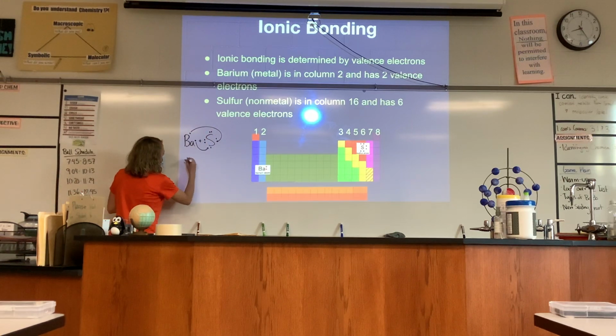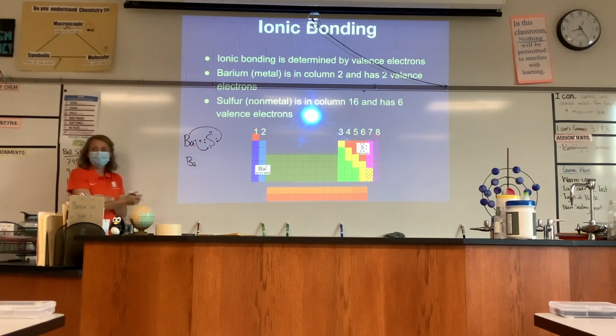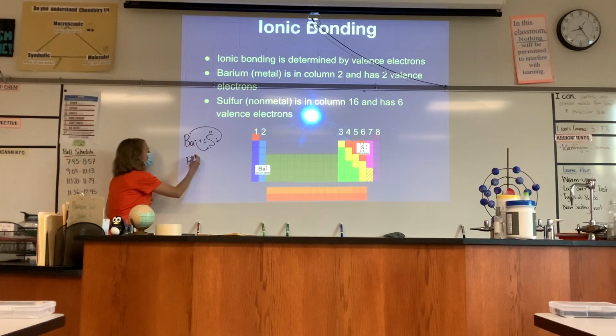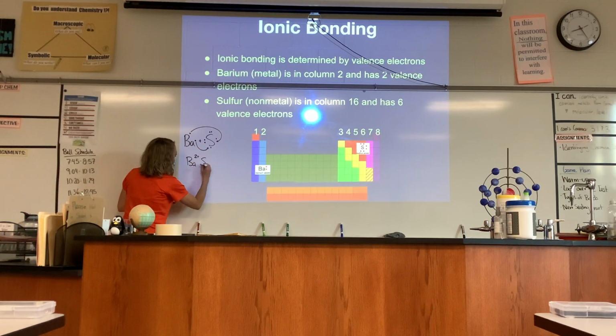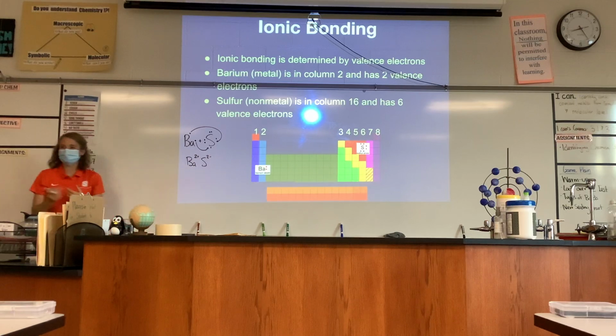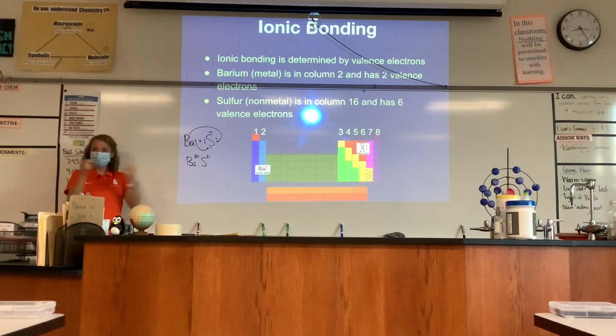So the reason why they stick is because by giving away 2 electrons, barium becomes positively 2 charged. Sulfur is going to become negatively 2 charged because it's gained 2 more. And so now they link together. Okay? Questions on balancing out an ionic bond?